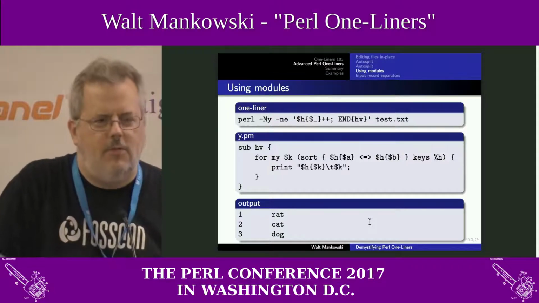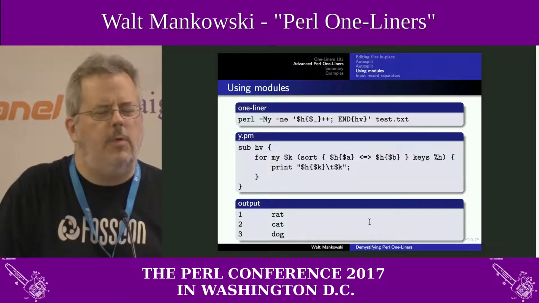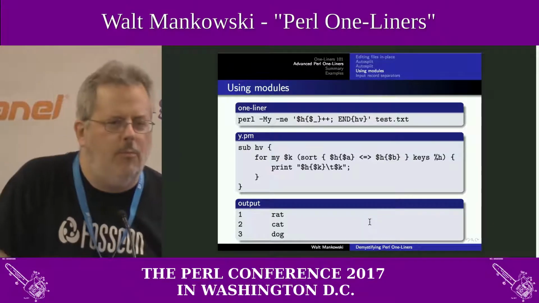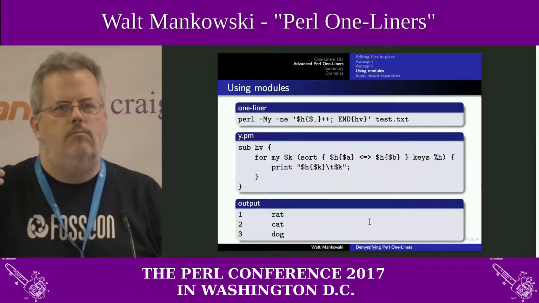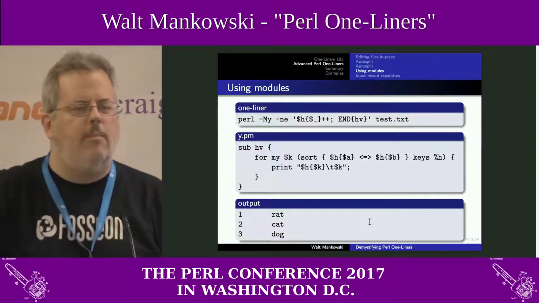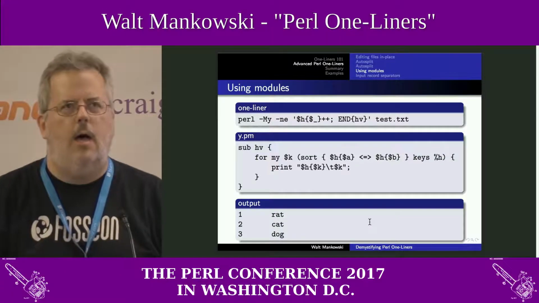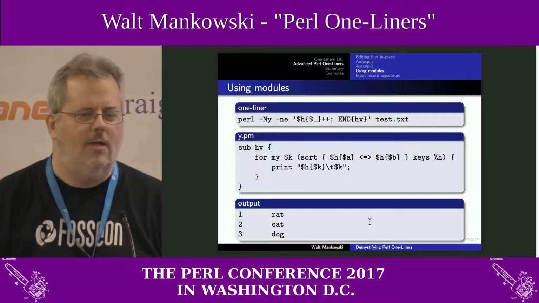The question is, in 5.26, where the dot is not in @INC, you would probably not want to do that, because it would not be super useful for this anyway. Who knows what directory you're in when you're writing your one-liner, so you would probably put this in something like home/modules.